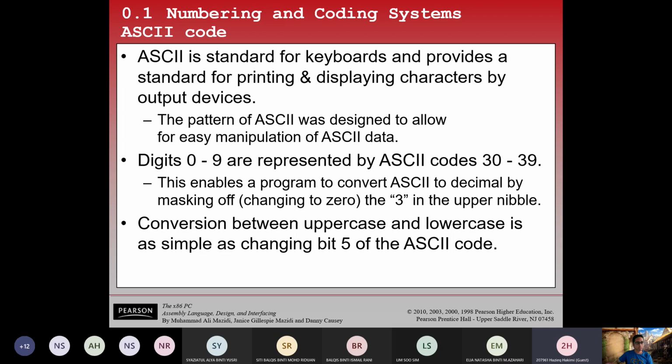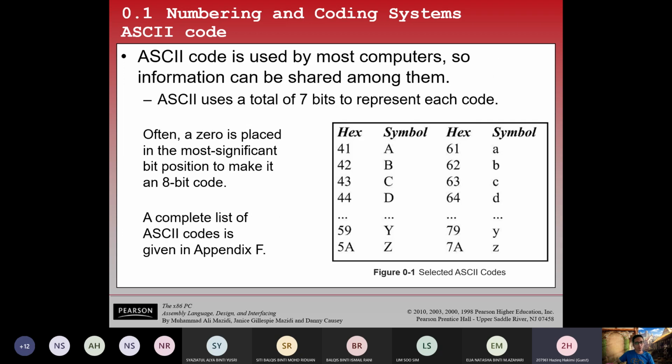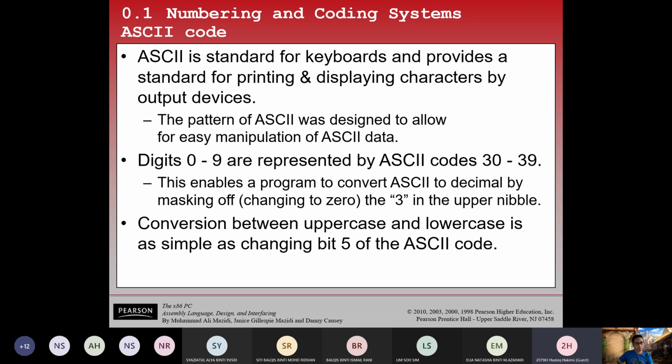Conversion between uppercase and lowercase is as simple as changing bit 5 of the ASCII code. As you can see here, it is changing bit 5 of the ASCII code. So bit 5 is here, right?